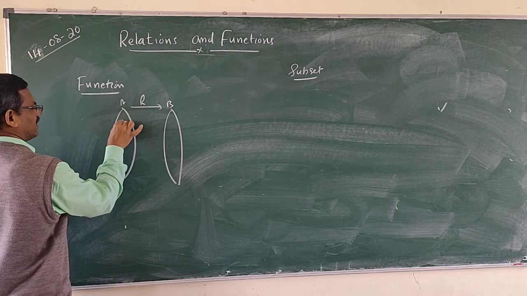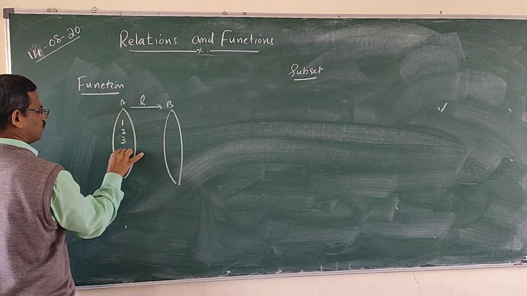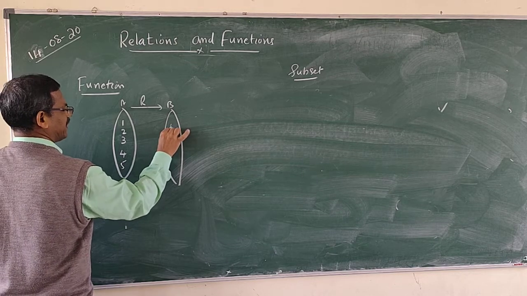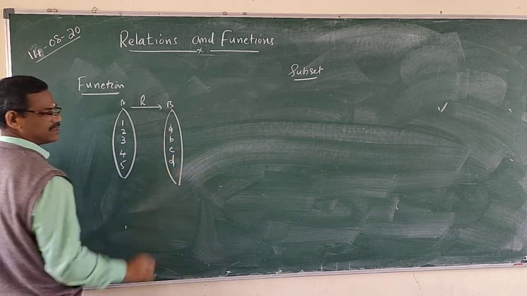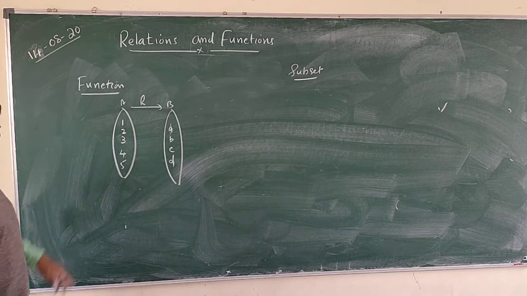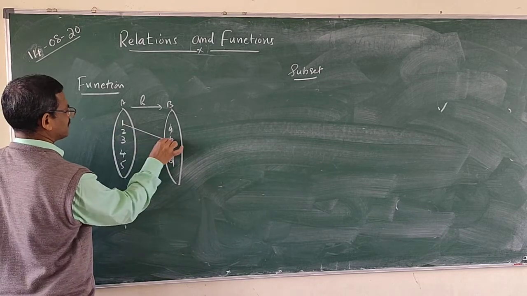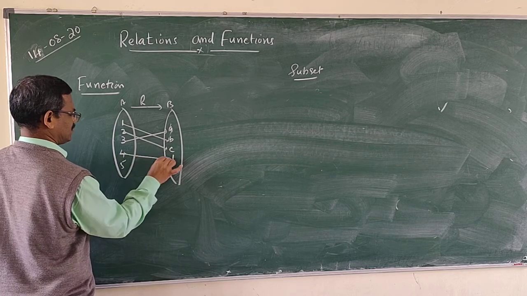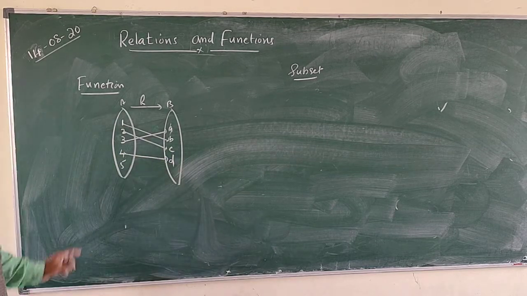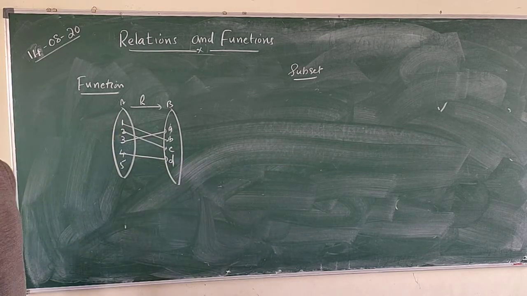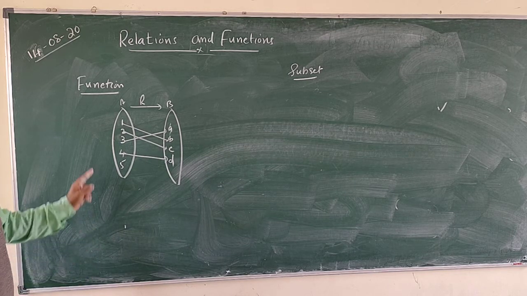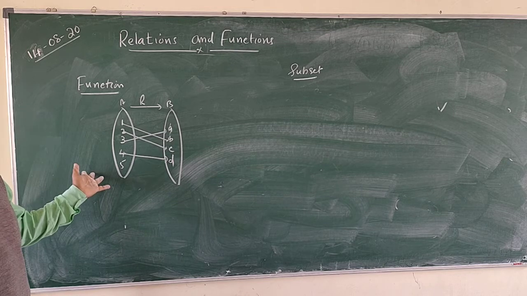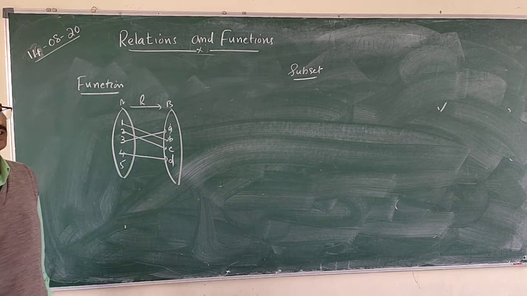Say I take 1, 2, 3, 4, 5 and A, B, C, D. Now I made a connection like this. Now observe this one. This is a relation. Elements of the first set are connected with elements of the second set.